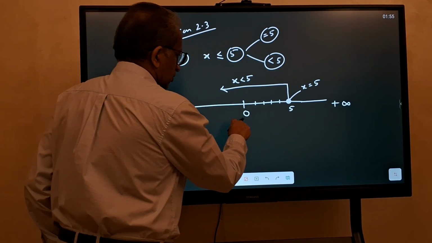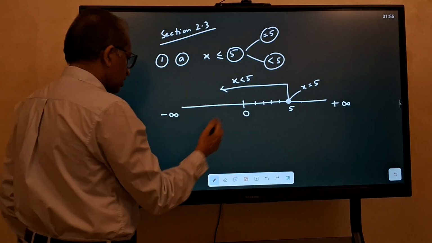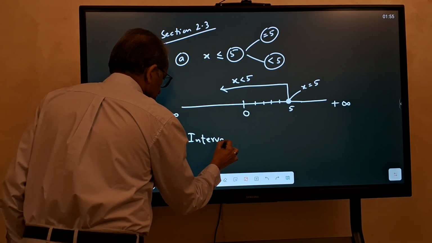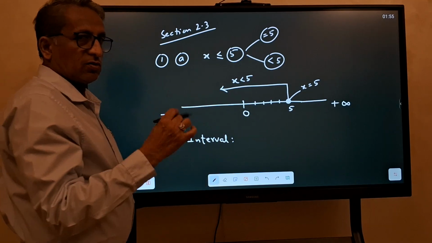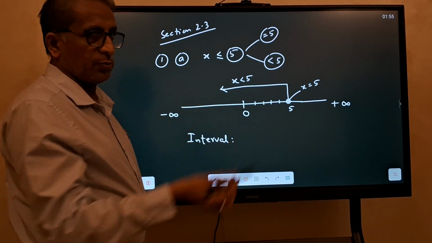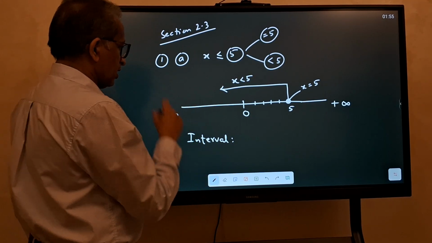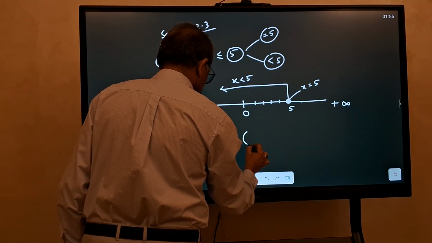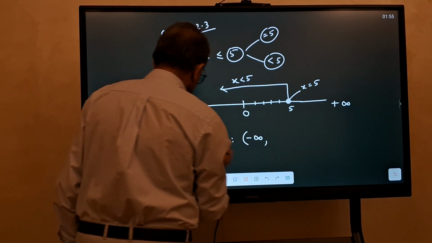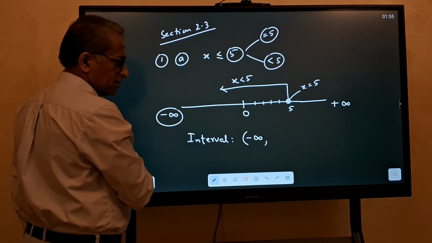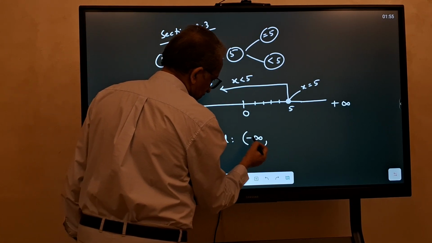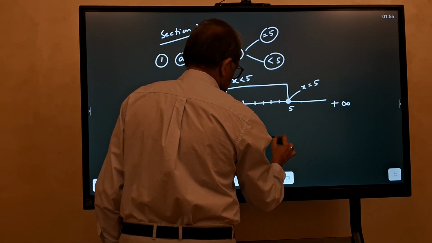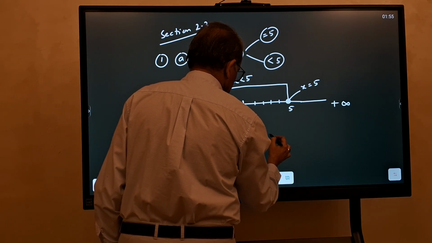Now if I want to convert this into interval notation, please remember that when we talk about intervals, we have open and closed. Since I am moving to the left side, I start from minus infinity with an open bracket, and the end is 5.